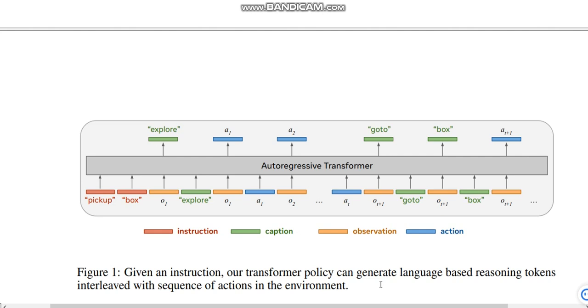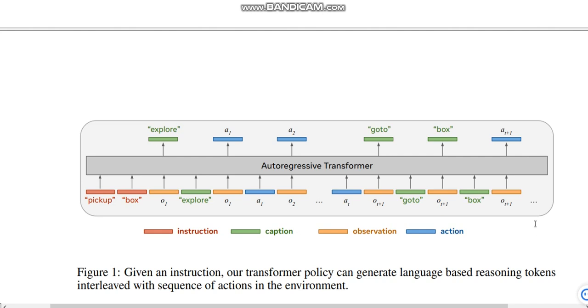Explore is given to the autoregressive transformer along with the observation. The observation is given to the autoregressive transformer, and it decides to take an action, and the action is taken. Then the system observes and gives the observation to the autoregressive transformer, which decides to take another action, and this goes on.